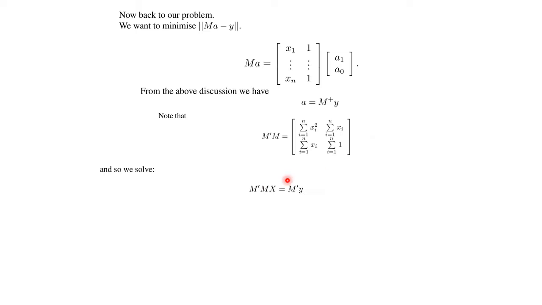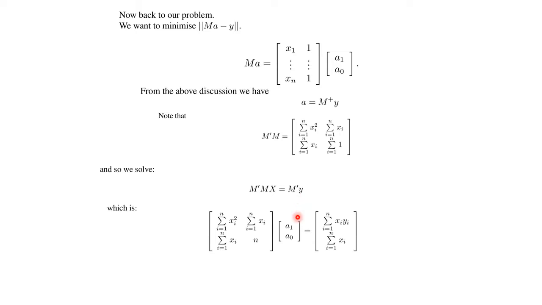So I'm claiming that that is invertible. We solve M transpose M times a equals just M transpose times y. There is the matrix M transpose M. Now you should take a little piece of paper, write down the matrix M and write down the transpose and put them together and multiply them out and make sure you can see that this is what you get.